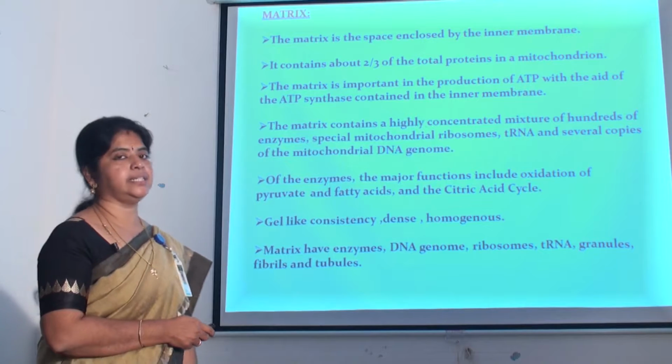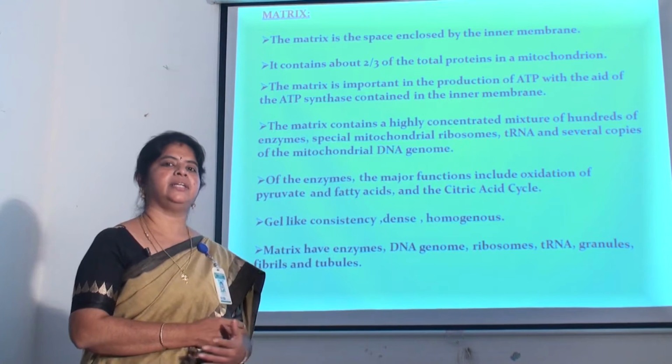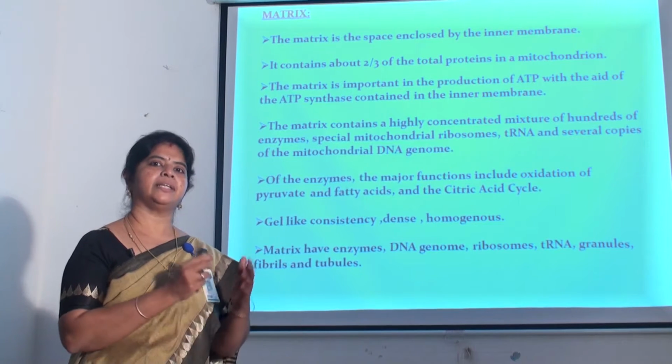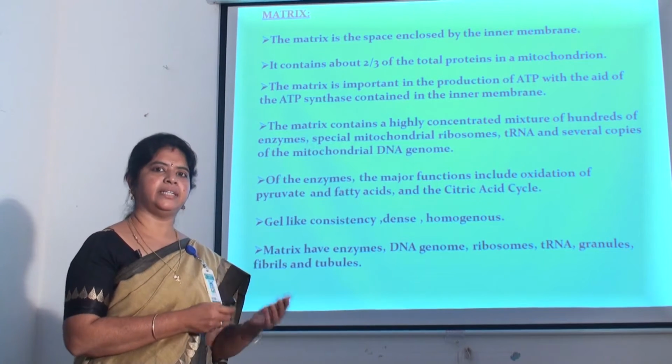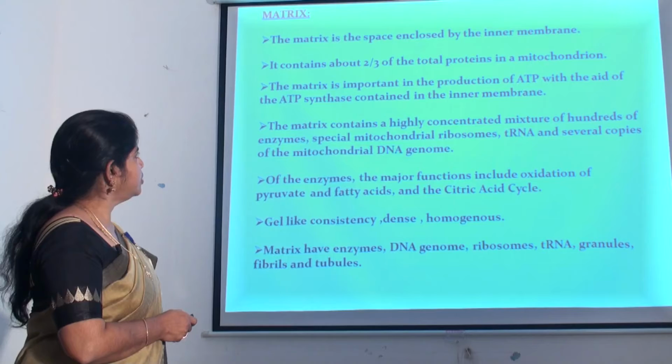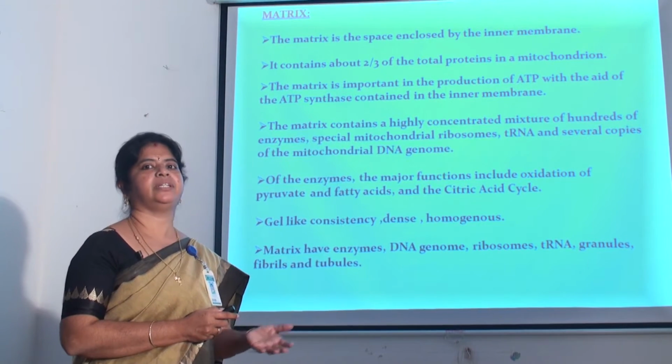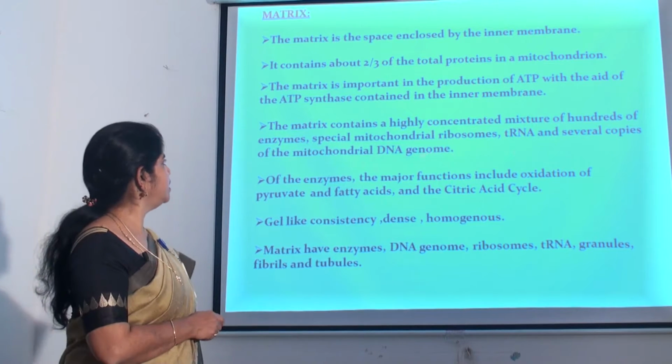So the next one, let us see about the matrix. The gel-like substance present inside the inner membrane, in the inner space, is called the matrix. Totally two-thirds of the mitochondrial proteins, the enzymes, are present in this matrix.